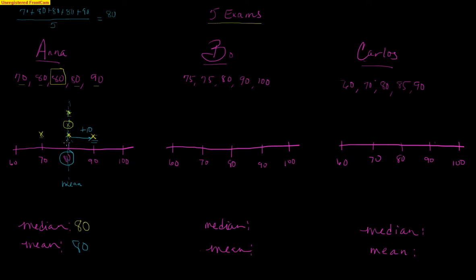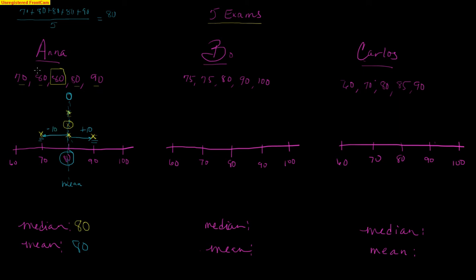Now these 3 tests are right on the mean, so they are not above or below the mean. Their distance from the mean is 0. They're at the mean. There's no distance above it. There's no points below it. And then this last test is actually 10 points below the mean, so we'll mark that as a negative.